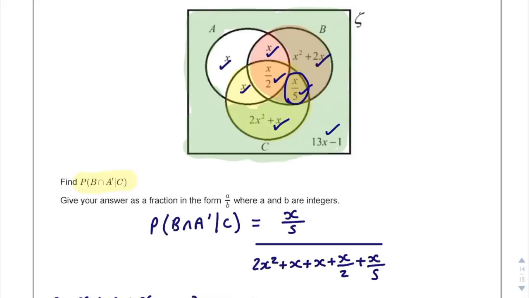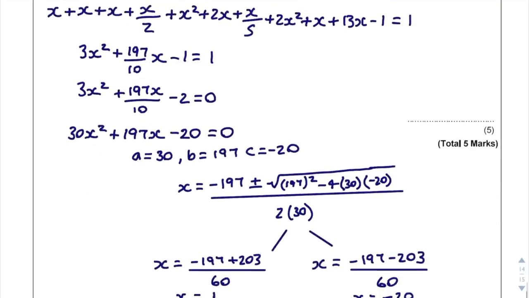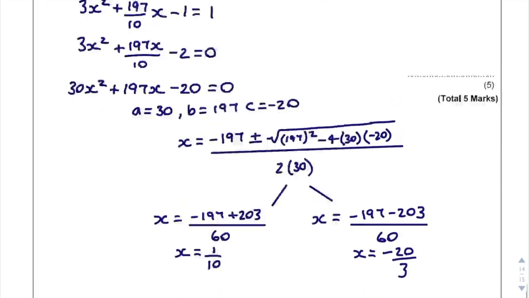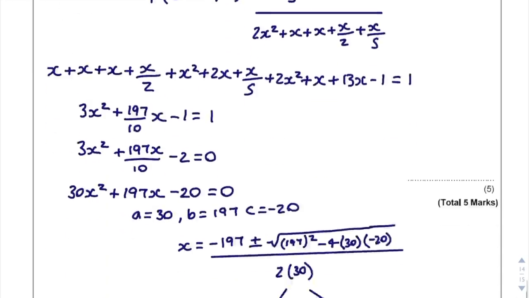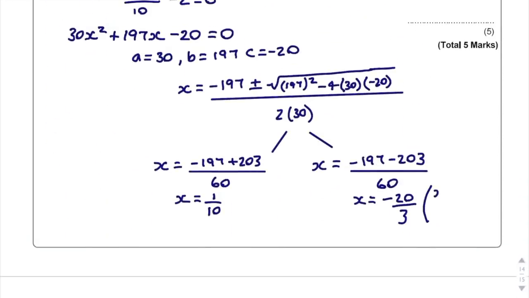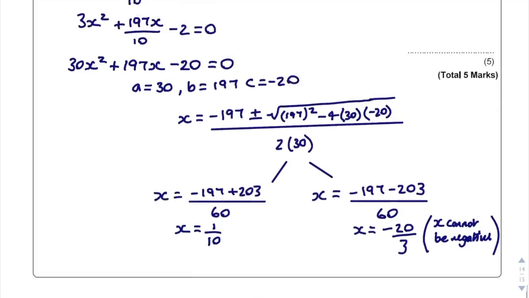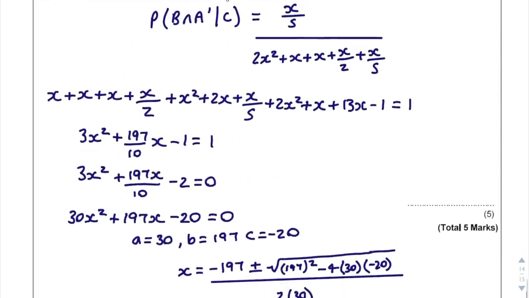We're not going to have any negative probabilities. And as we can see on this Venn diagram, we've got single values of x. So if we said x was minus 20 over 3, that means we're saying we've got negative probabilities. So that means x cannot be negative. So therefore x must be 1/10.